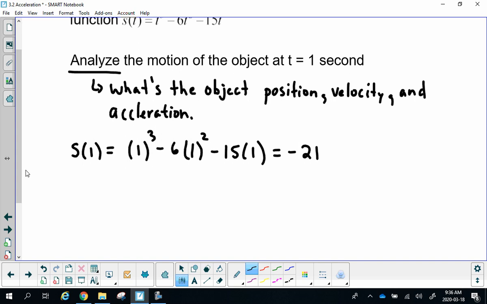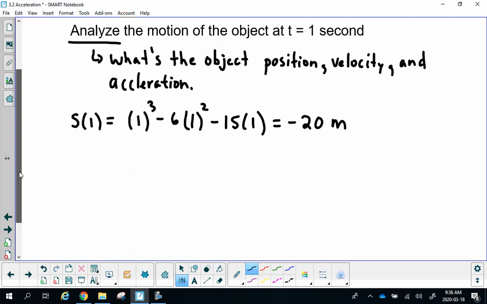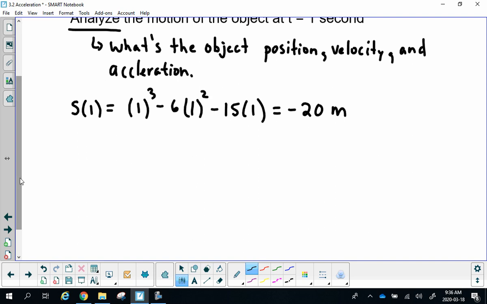Okay, and then we have to think about our units. So that's negative 20. I forgot to add 1. So we have negative 20 meters, right? That's our position. Okay. So this is sitting on the left-hand side somewhere.